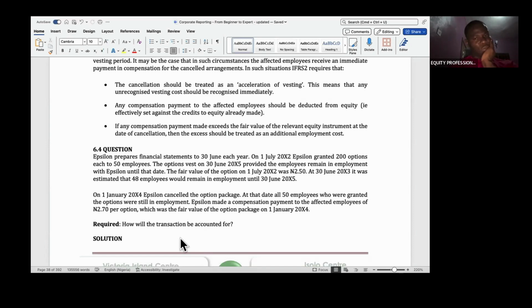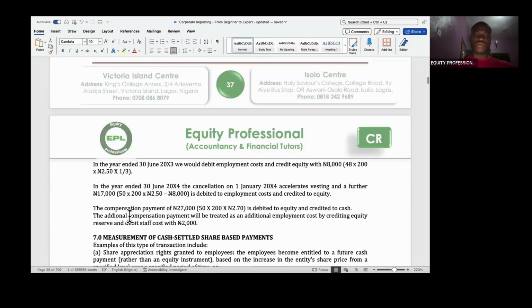Okay, so firstly, at the end of the first year, nothing has happened because the cancellation started in the middle of the second year. So let's get the value. Let's do our usual calculation.